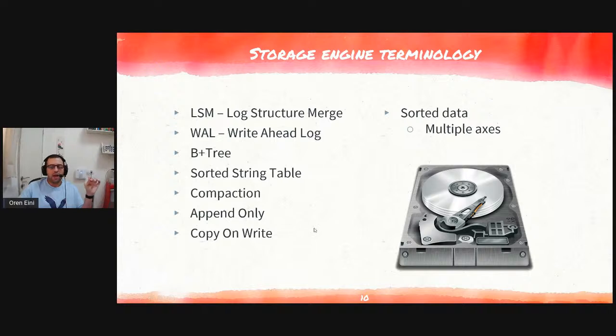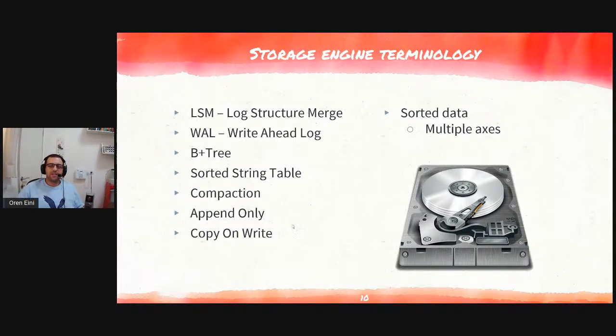Append only and copy on write are two alternative ways to ensure durability. With append only, we are always writing to the end of the file. That gives us two important advantages. First, we are writing in a sequential manner, which is great. Second, if we never modify old data, we don't have to worry about corruption.